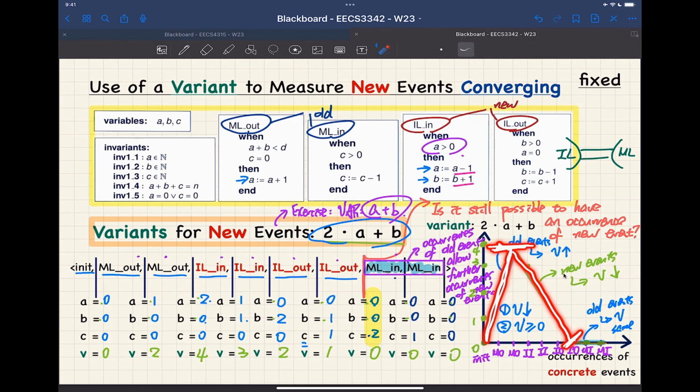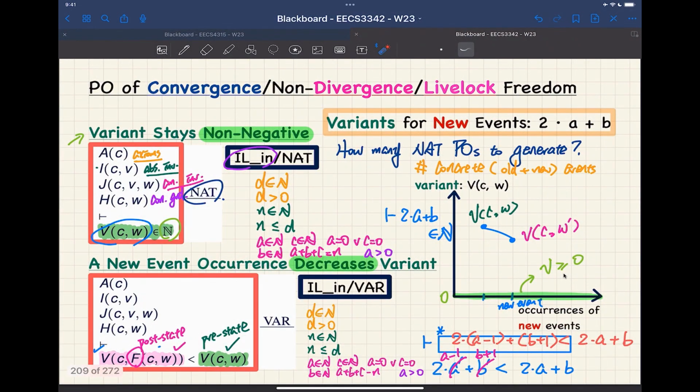Once you get to 0 over here, the design of the guards of your events should effectively disable all the new events at this point. In that case, the only way for you to really take any new events to happen is after some old events happening.